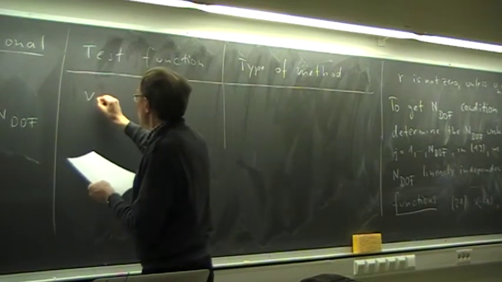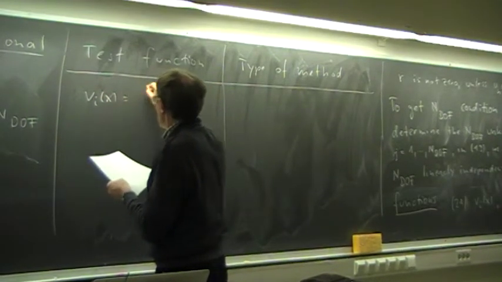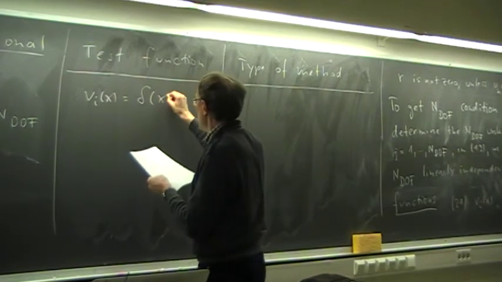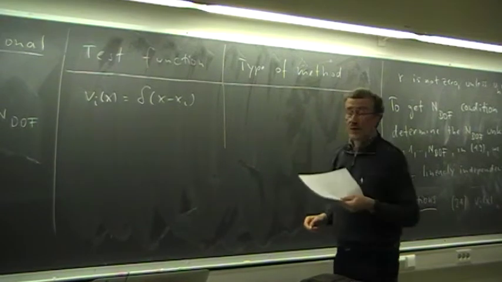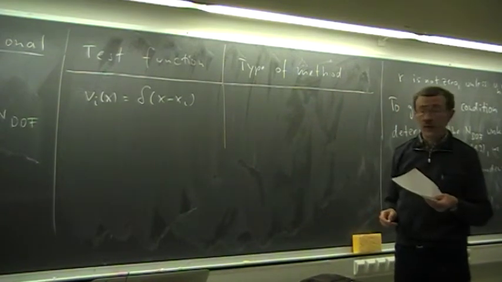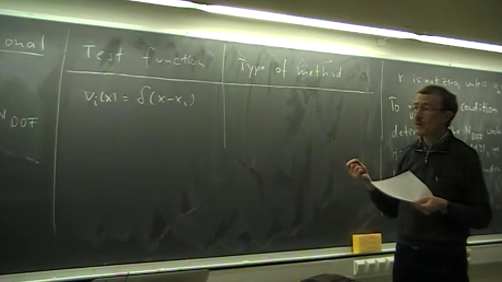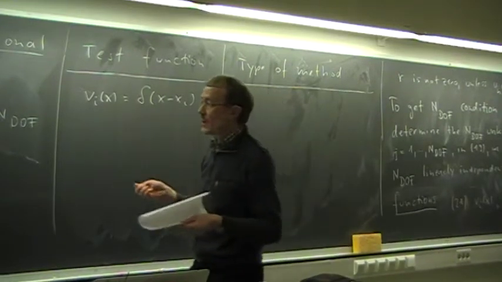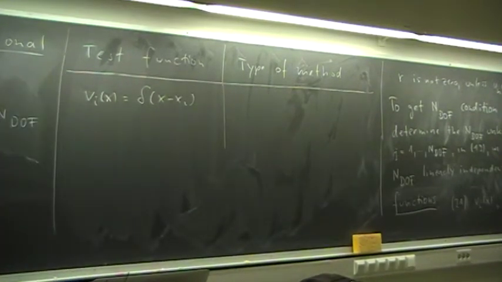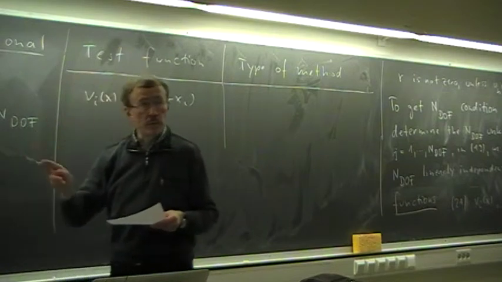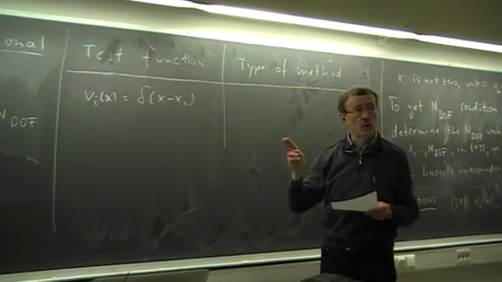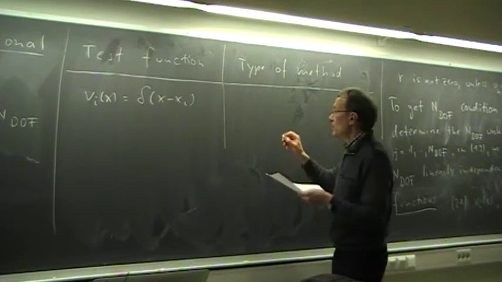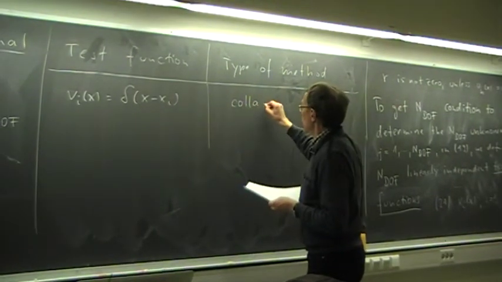If we choose vi of x equal to the delta function, x minus xi, we do this integration with w of x equal to 1. That means the integral is equal to the residual at xi. So we require the residual at the nodes xi to be 0, and the method we get out of that is called the collocation method.